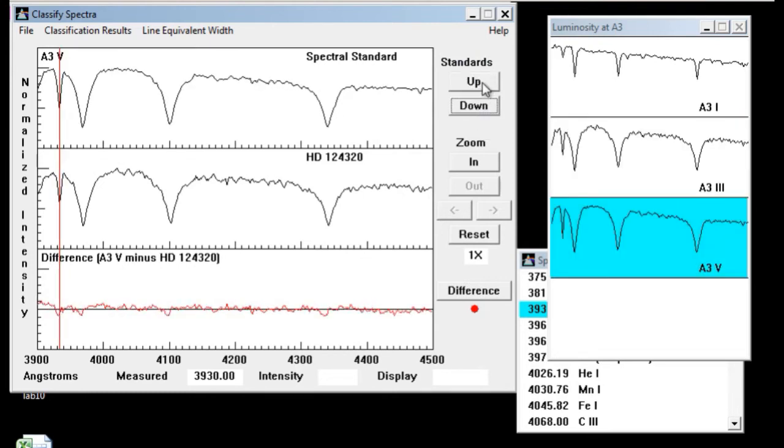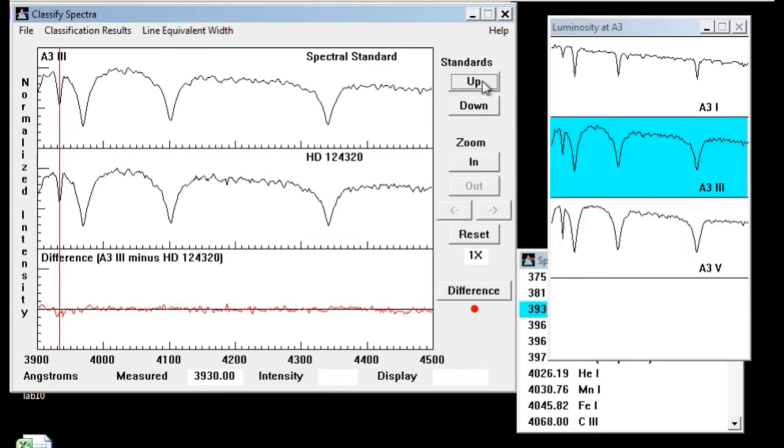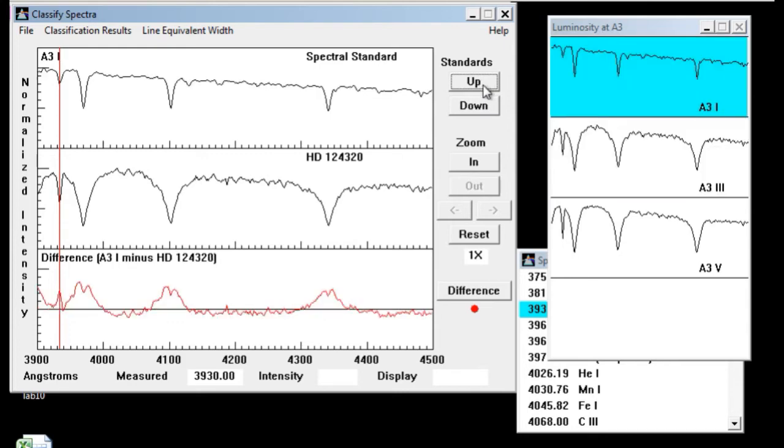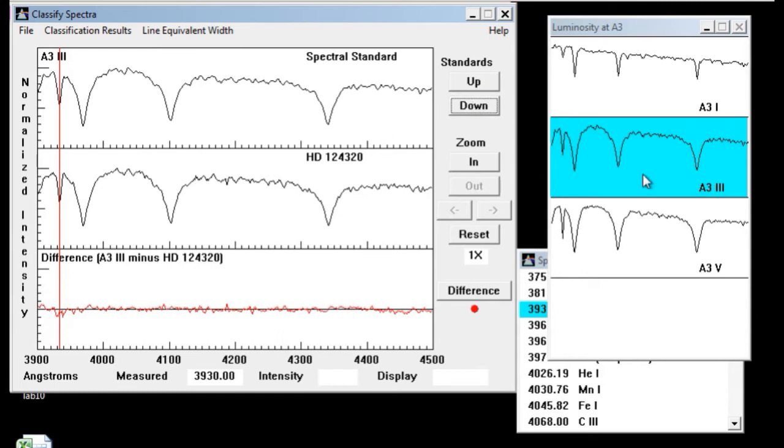So of these, this one is not bad at all, but this one is probably the closest. This one here, I don't think is great, so I would go with A33.